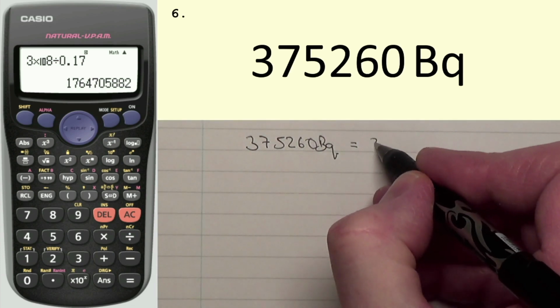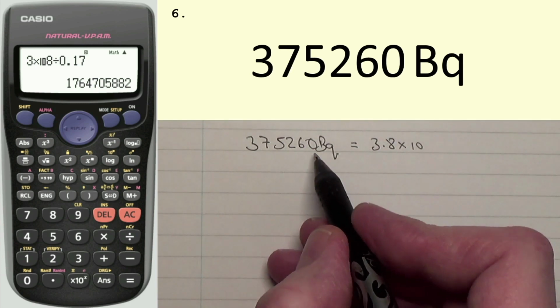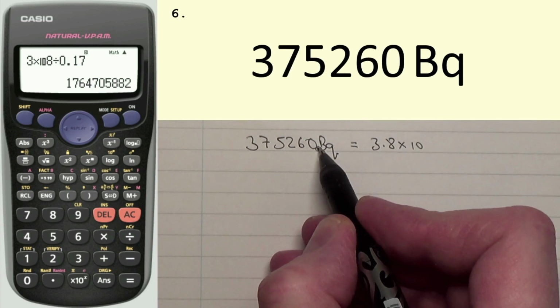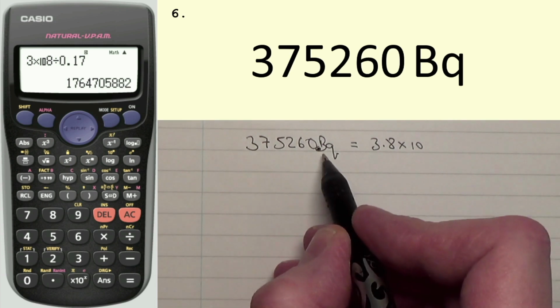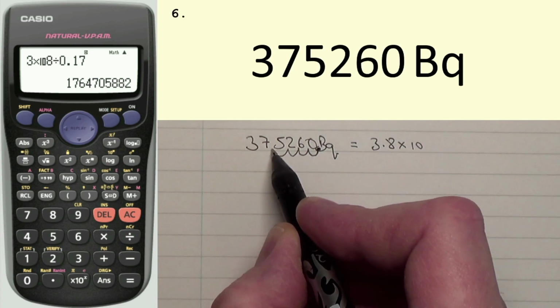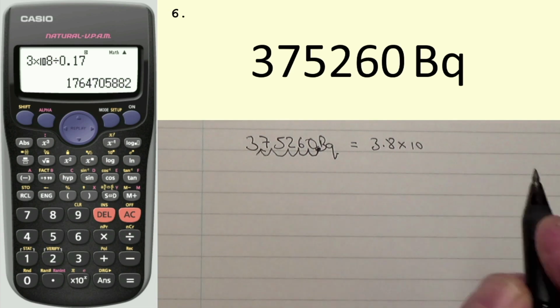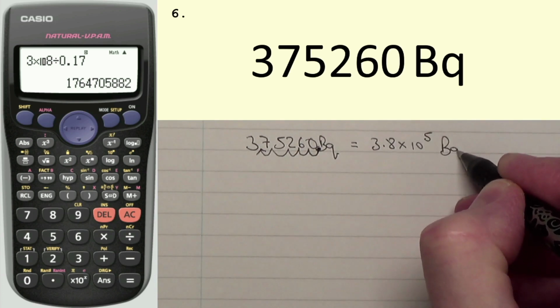So that would give us 3.8 times 10 to the power of, let's find out now, the point would actually be there after the 0. So I need to move it between the 3 and the 7 here. Move it 1, 2, 3, 4, 5 positions to the left. So 3.8 times 10 to the power of 5 becquerels.